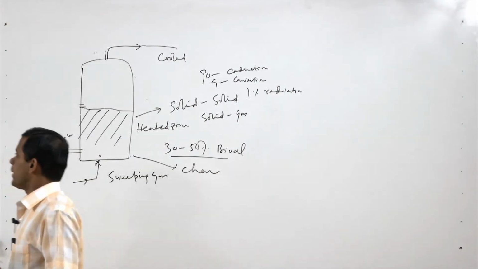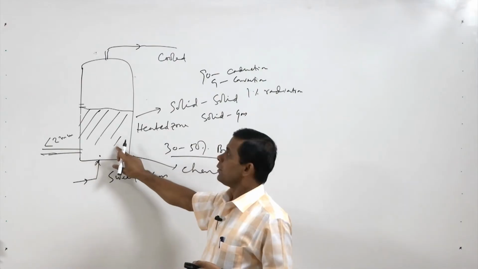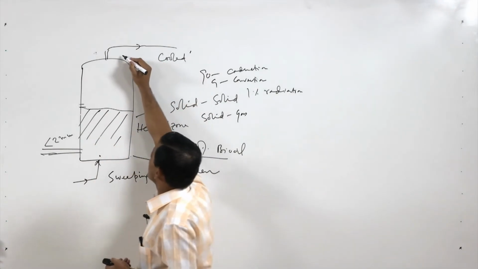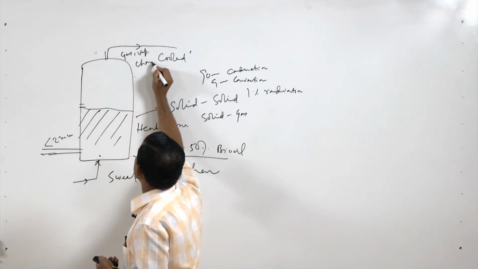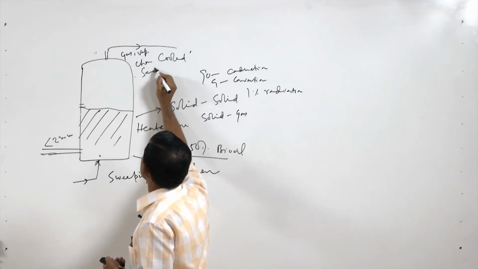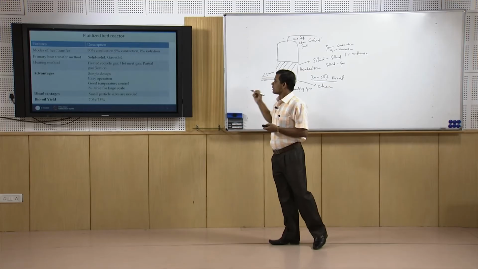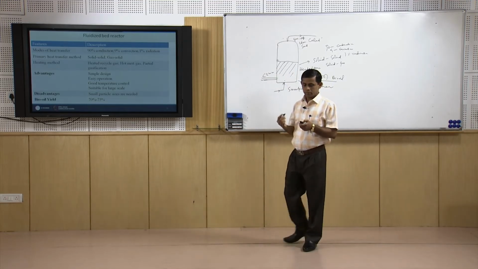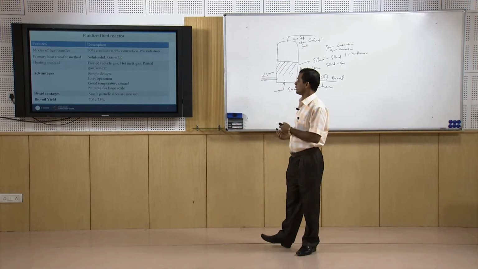And heating takes place. The gas which goes up can be recycled, because it will also carry gas, vapor, char and sand. So, this can be recycled back. That is why the heated recycled gas and the hot inlet gas both help in the heating of the material, and as a result the pyrolysis of the material.